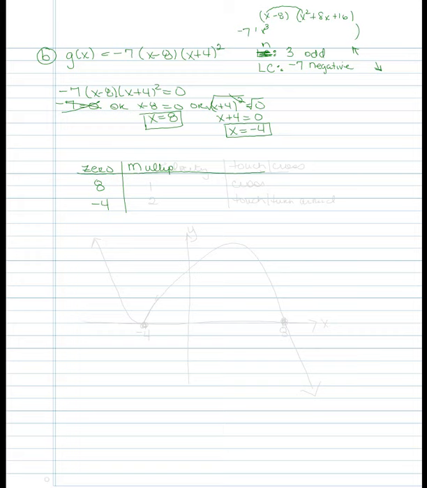The multiplicity for 8 is 1. When you're saying multiplicity, it's basically how many times it's repeating. How many times is x minus 8 repeating to give us 8? How many times is x plus 4 repeating to give us -4? Twice.